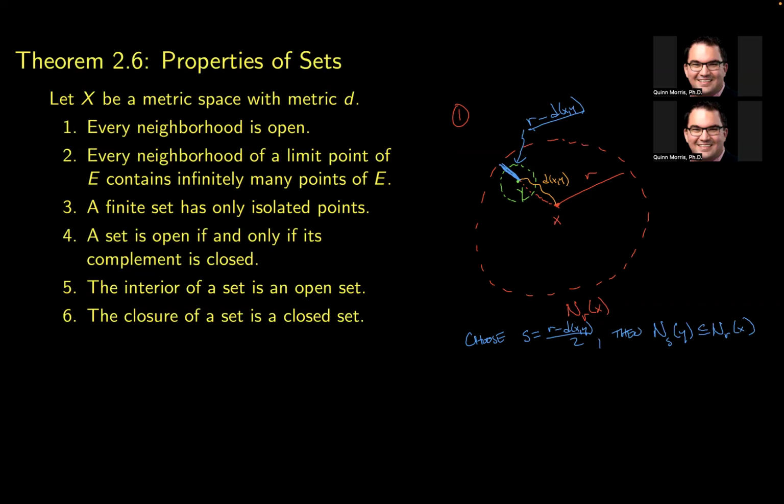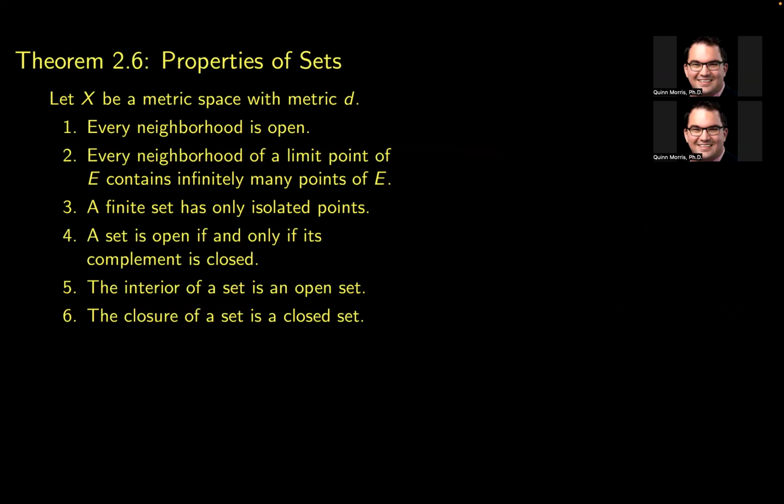The other one I'll quickly sketch out because I think it illustrates something special about finite sets. So we'll look at number three. A finite set has only isolated points. Let A be a finite set.